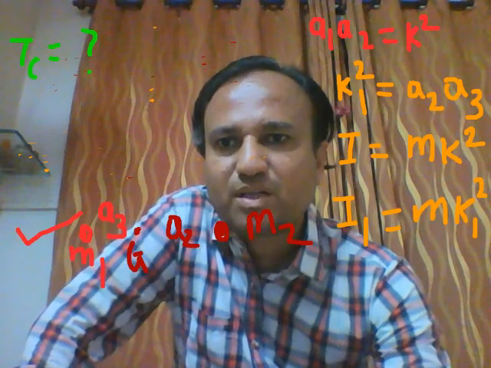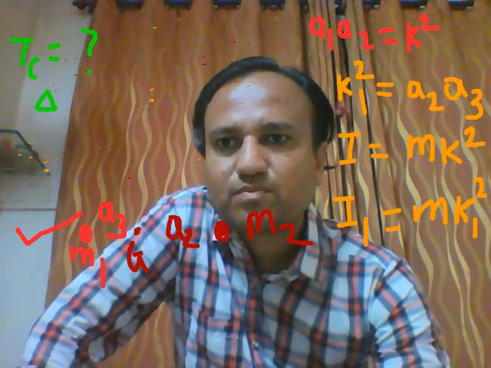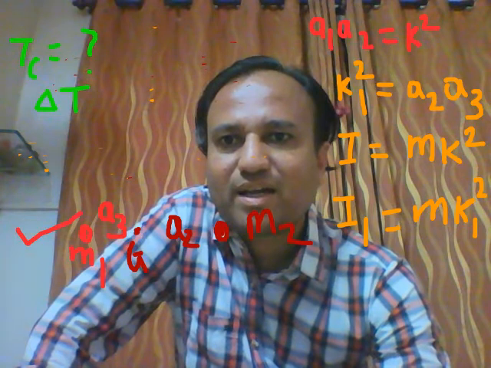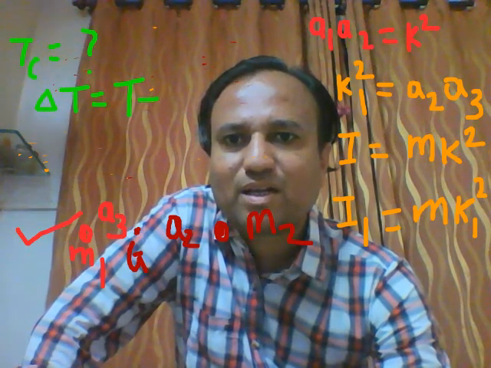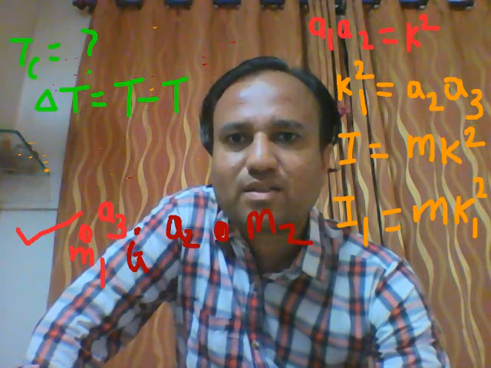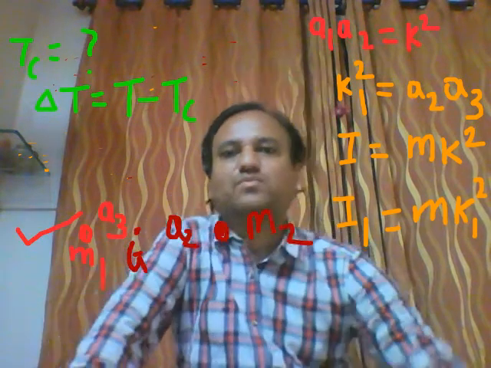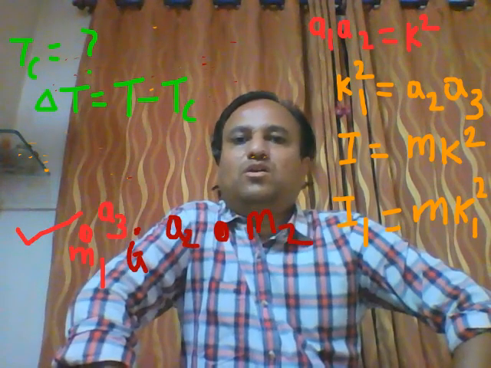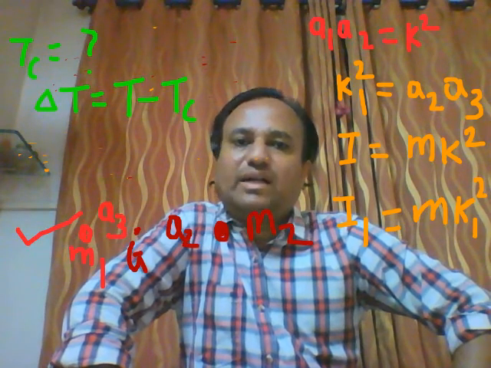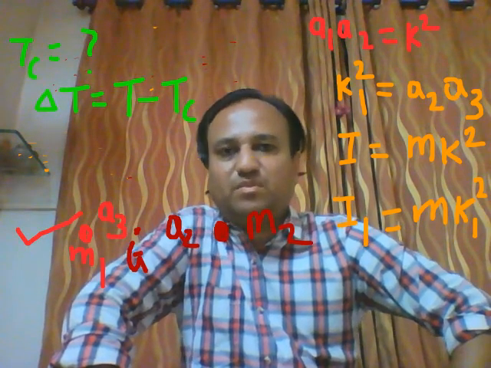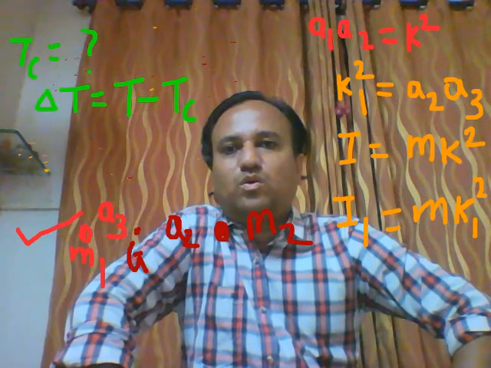Or the change in couple, delta T, I can say, will be T minus TC, or TC is equal to T plus delta T, the change in couple.